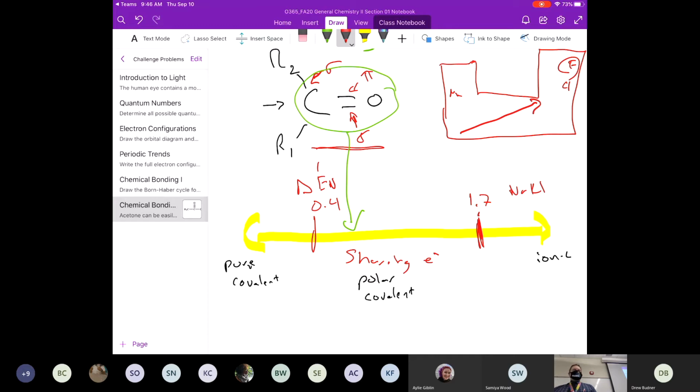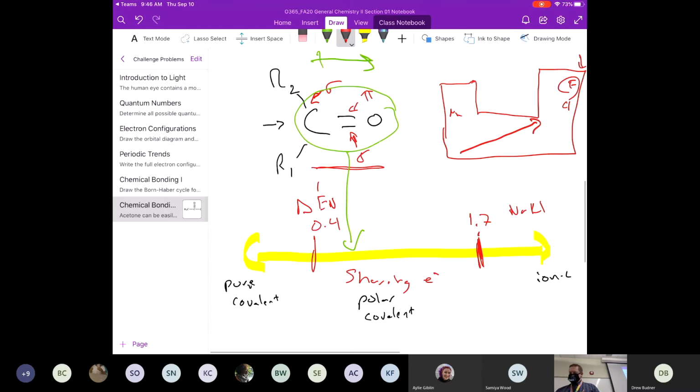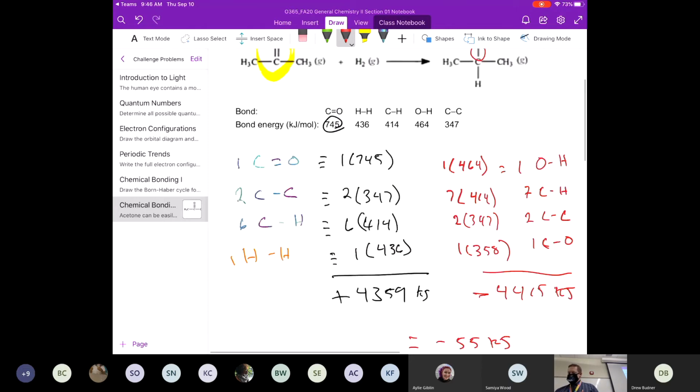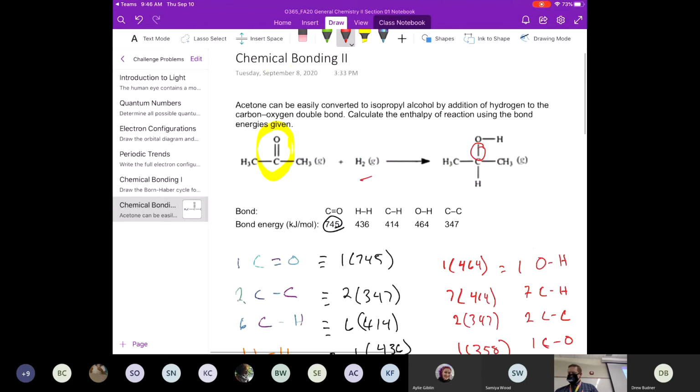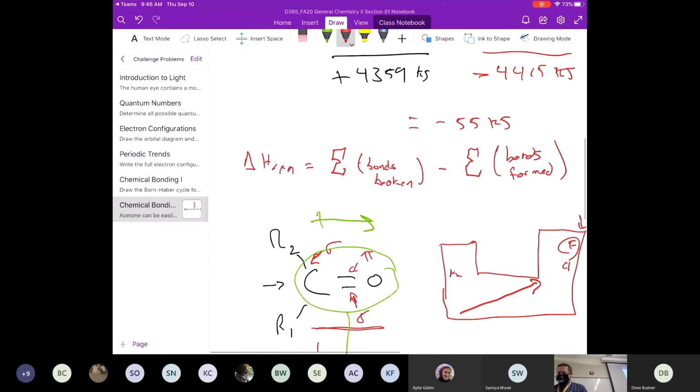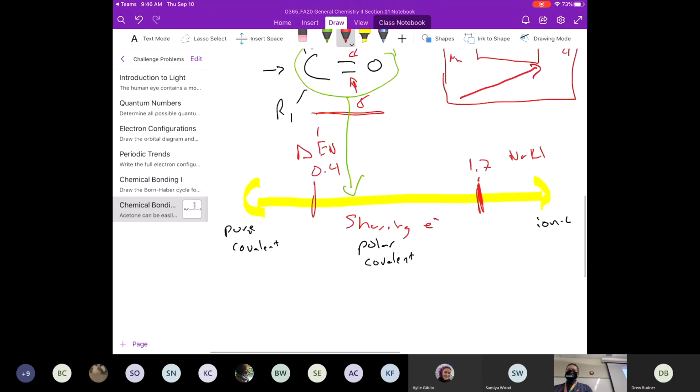And typically, the only case that's going to occur is when we have something bound to itself. So up here, this one is going to be pure covalent. Actually, the difference between carbon and hydrogen is also less, it's like 0.4, I think. So it's also going to be considered as a pure covalent compound or bond. Does that make sense?